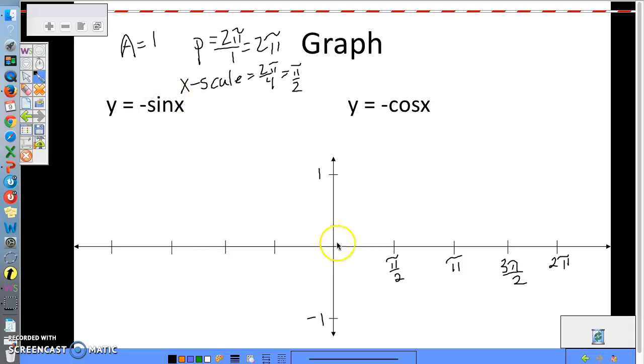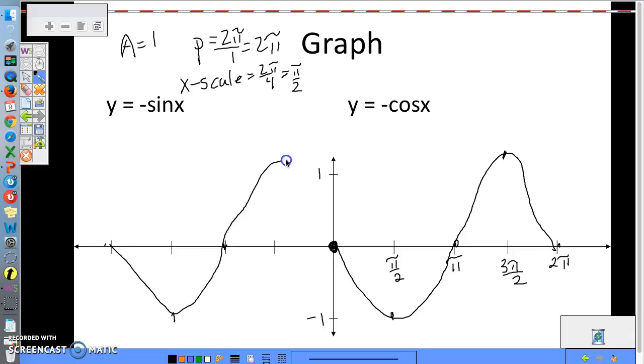But what happens with that negative? Our sine starts in the center, but instead of going up, it's going to go down. So it's that reflection there. If that negative, it goes down first.